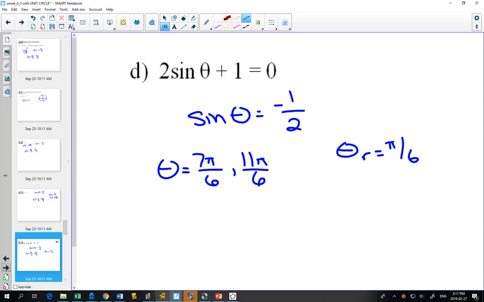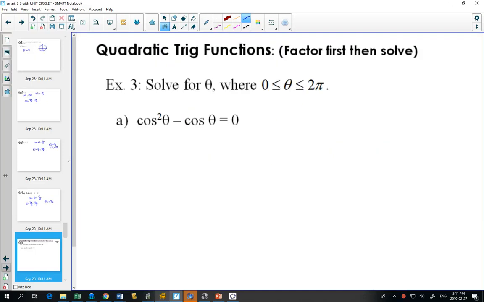And so all of the types of questions that you've solved in the past can now become trig questions. So in the next section, we start looking at quadratic functions. If you can solve x squared minus x equals 0, you can solve cos squared minus cos equals 0.